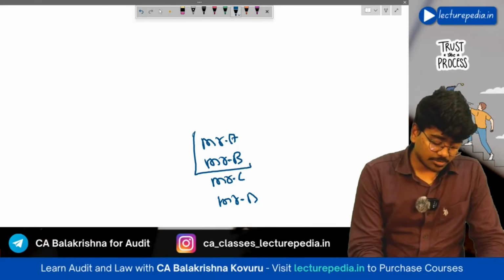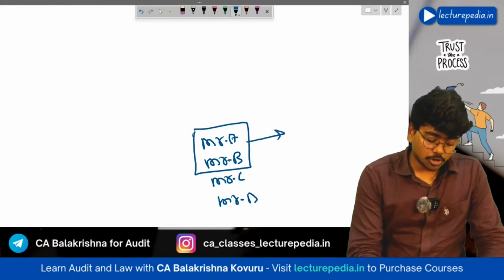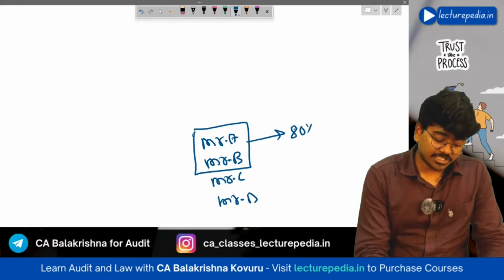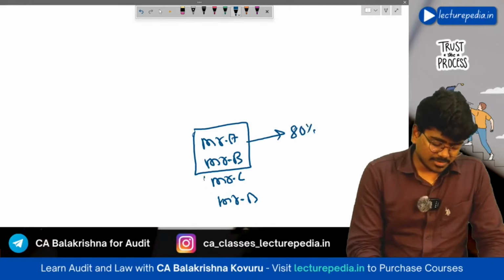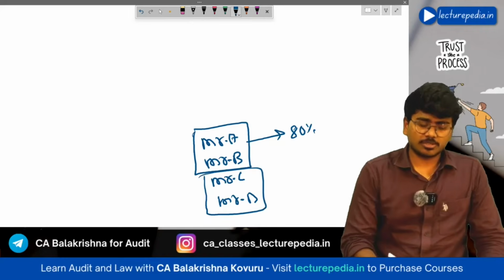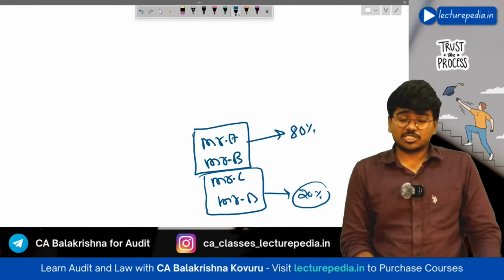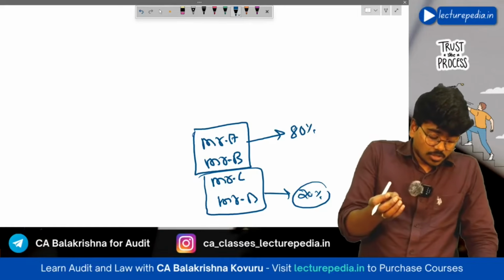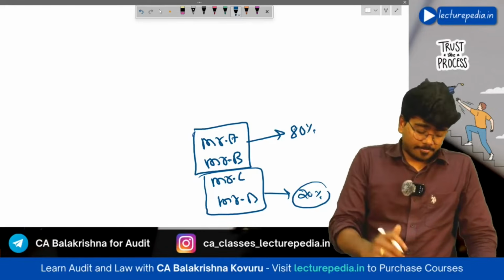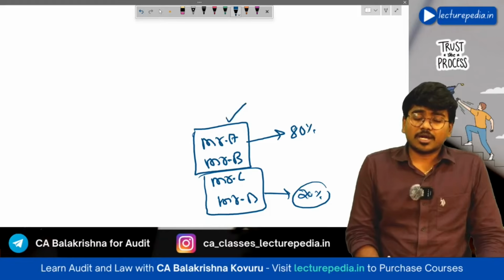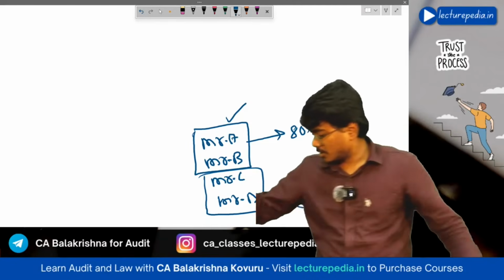Mr. A and Mr. B together are holding some 80% shares of the company, and Mr. C, Mr. D, and all other people are holding the remaining 20% of shares of the company. Now in this situation, whomever Mr. A and Mr. B want to appoint as a director, they can be appointed, right?